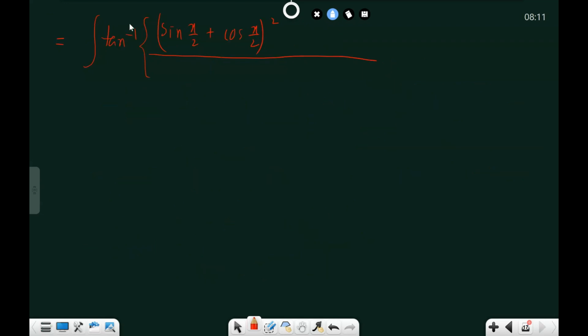So I write this as cos x by 2 plus sin x by 2 whole into cos x by 2 minus sin x by 2. I can write this, and whole dx is already there, is equal to tan inverse.